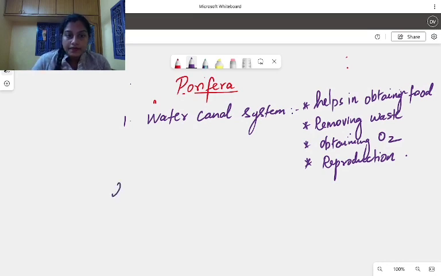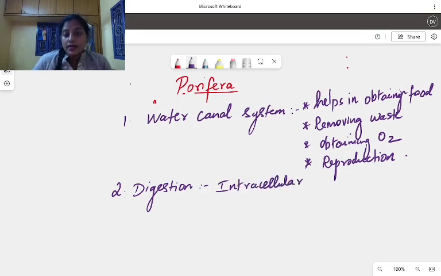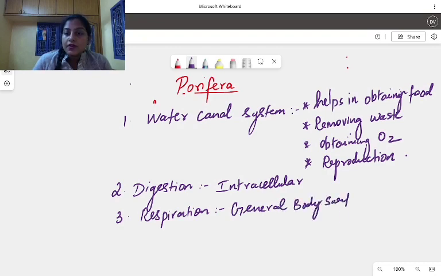Then digestion. They undergo intracellular digestion, within the cell. Next one, respiration. Respiration is through their general body surface, so you can simply write GBS as a short form.